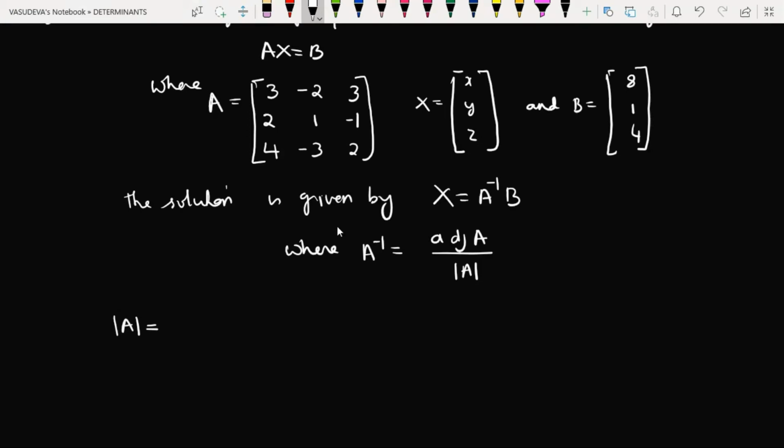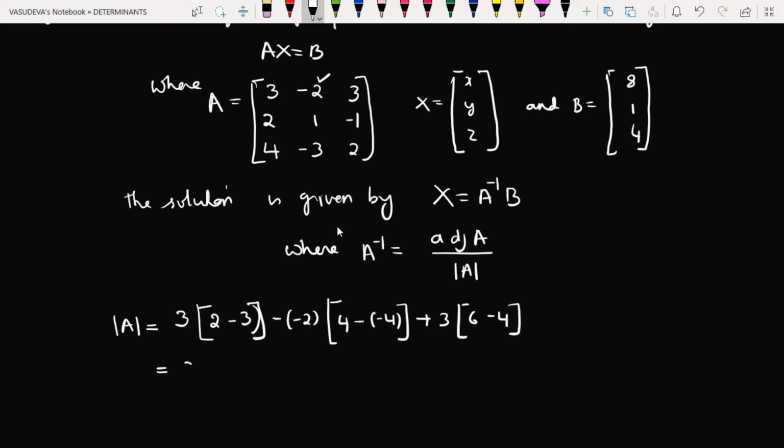So, to find the determinant of A, expanding the determinant of this matrix: 3 into (1 into 2 is 2, minus 3 into minus 1 is plus 3), and minus of minus 2 into (2 into 2 is 4, minus 4 into minus 1 is minus 4), and plus 3 into (2 into 3 is 6, minus 4).